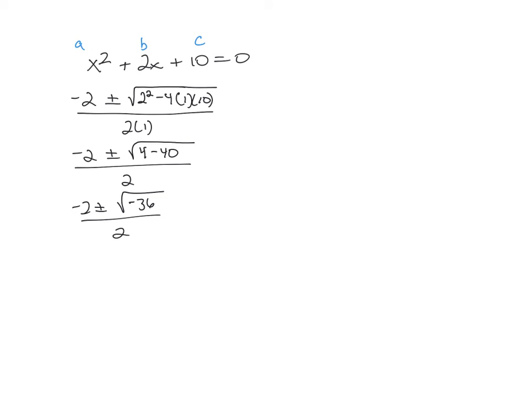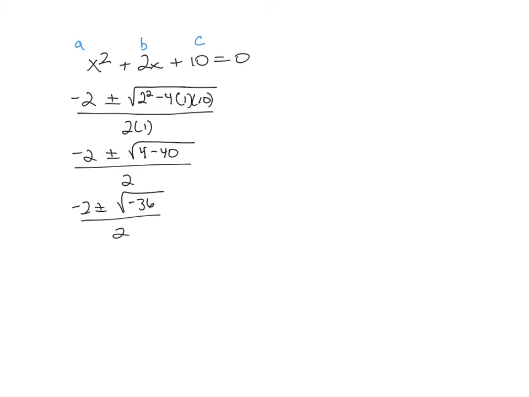Okay, so there's 2 things to talk about in this one. Number 1, and the most important part, square root of a negative number, you can't do it. 36 is like, oh, square root of 36 is 6. So you might think, oh, it's negative 6. Like, no, it does not matter what the number is. If it's a negative underneath the square root, you can't do that. You can, but it's an algebra 2 concept, not an algebra 1 concept.